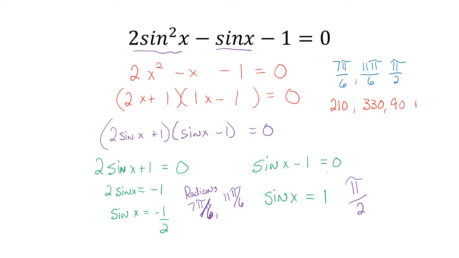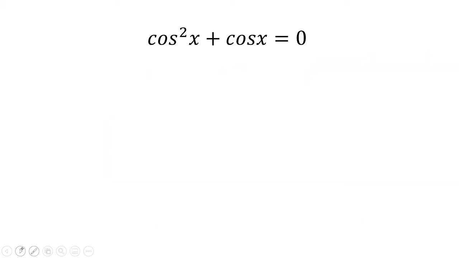Okay, so that's their degrees. I got to put degrees there. And these are my radians. 6 principal roots. Okay. All right, another one.